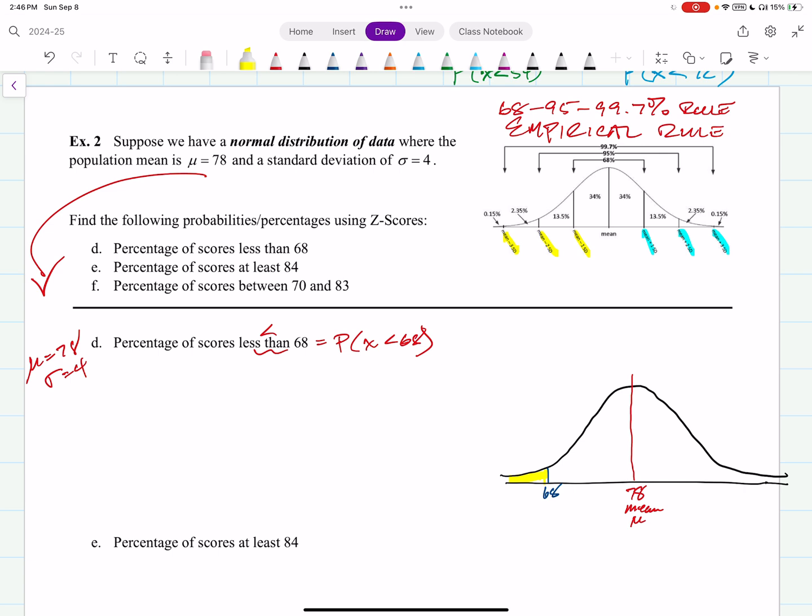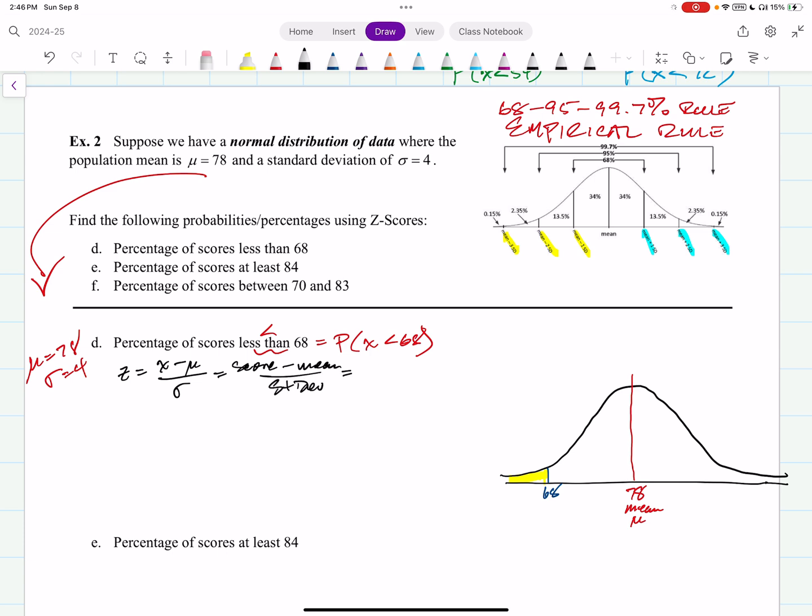So what we're going to do is calculate the z-score first. z is equal to x minus mu, divided by sigma. That's the score minus the mean, divided by the standard deviation.